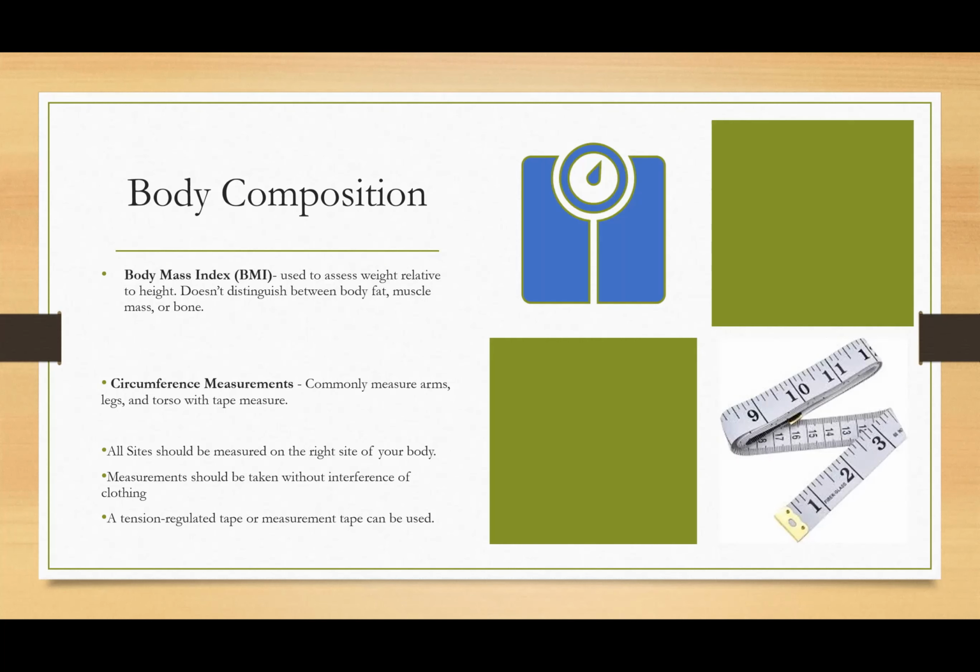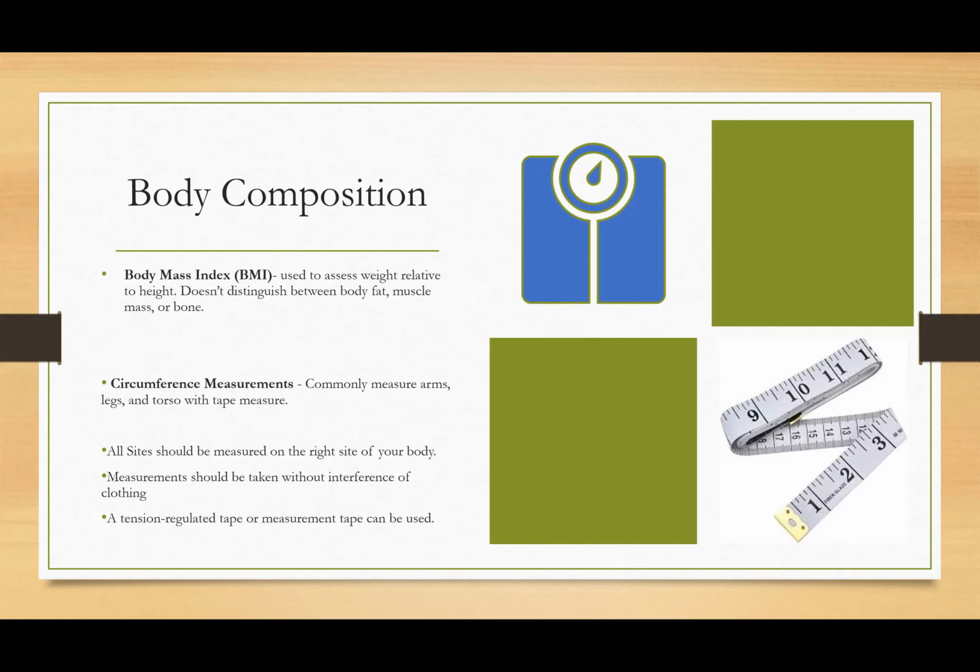When measuring, you always want to measure body segments that are on the right side of your body. You also want to keep in mind that when you're taking these measurements, they should be taken without any interference of clothing. So typically what's best for women to wear would be a sports bra and shorts or spandex, and then for men to be shirtless and then to wear shorts.